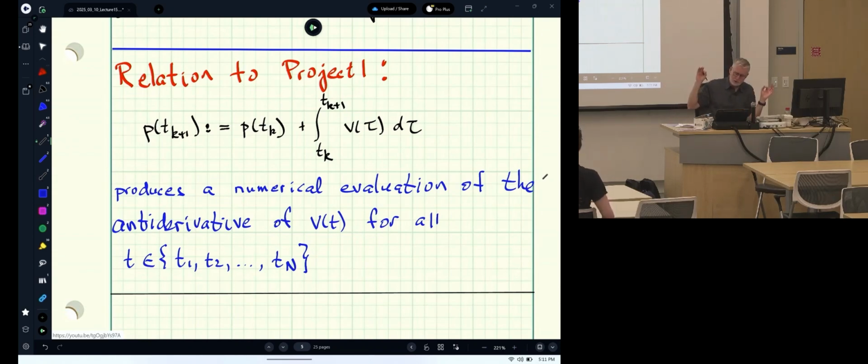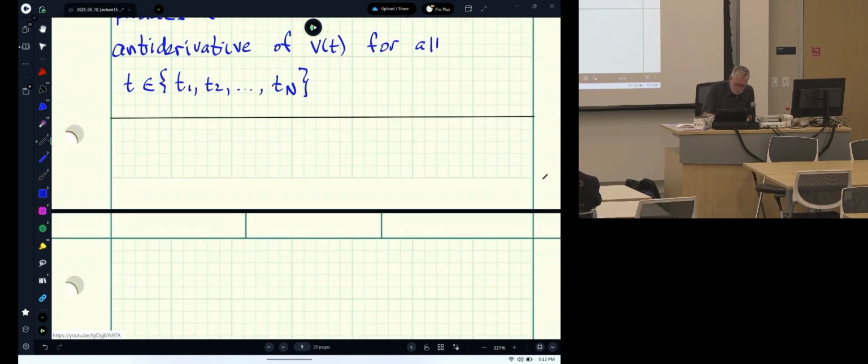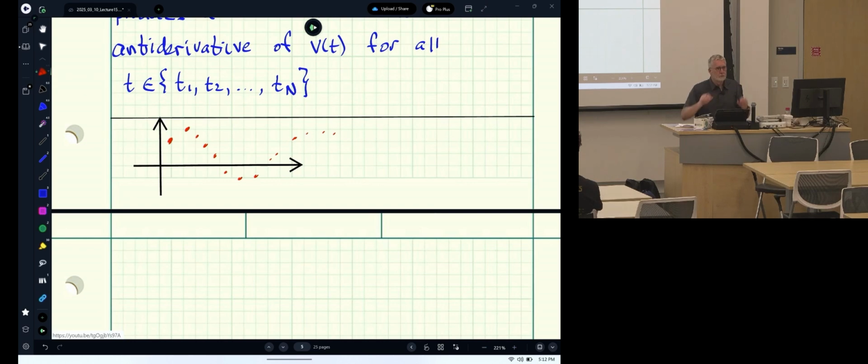And then if you really wanted to compute derivatives, to go backwards, I'm going to use red because red is the antiderivative, for the fun of it. So you've computed the antiderivative here.